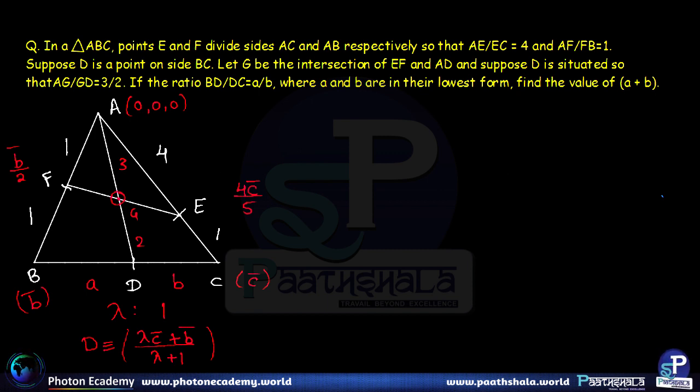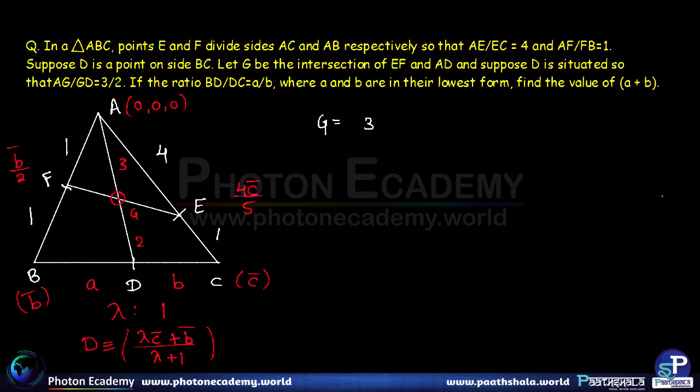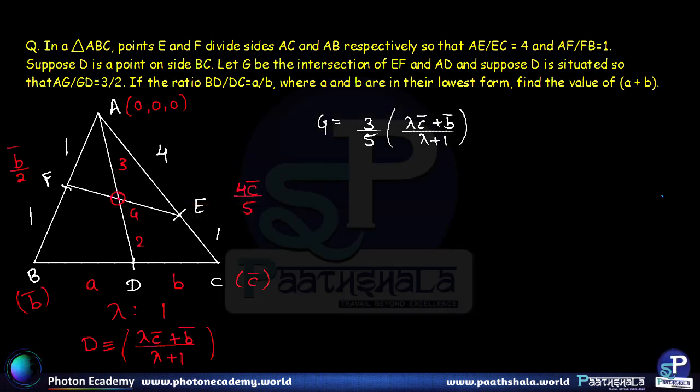So it is 2A plus 3D upon 3 plus 2. So G is equal to 2A is 0, 3D, so 3 into lambda C plus B upon lambda plus 1, upon 3 plus 2. So that is upon 5. Okay. So this is the point G.